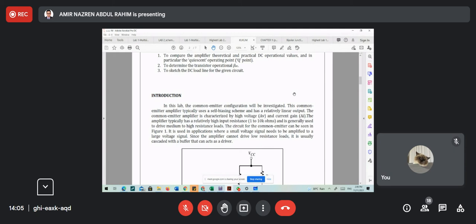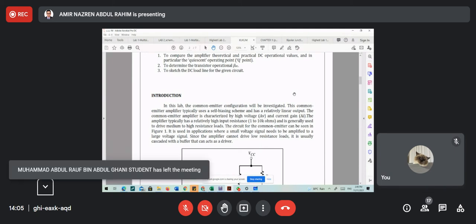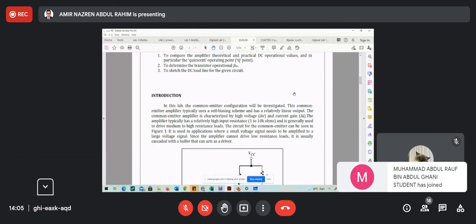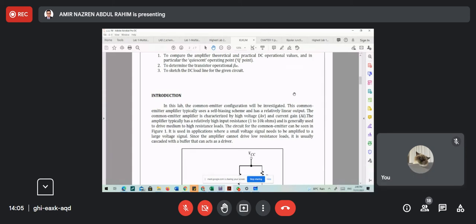So how do we measure the scale of our amplifier? We will measure the AV, how much voltage gain we can produce, and we can also observe how much current we can produce from the amplifier.